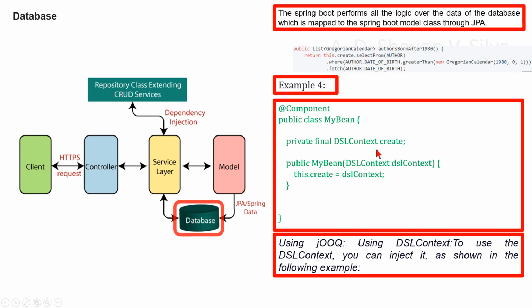Spring Boot auto-configures a DSLContext as a Spring Bean and connects it to your application DataSource. To use the DSLContext, you can inject it as shown in the following example. The jOOQ manual tends to use a variable named create to hold the DSLContext. You can then use the DSLContext to construct your queries as shown in the following example.